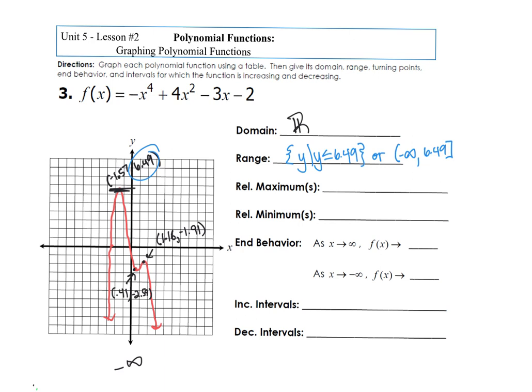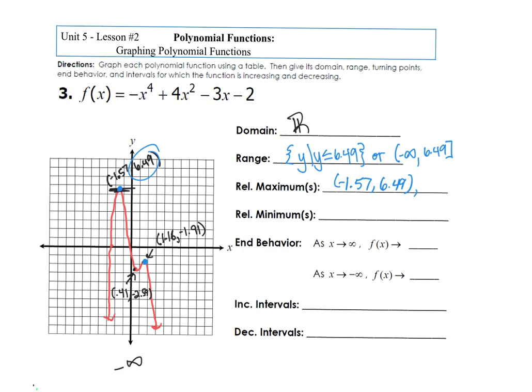Okay, relative maxes. Let's look for high points, or the top bumps. I have one right here where I just made a blue dot again. And what is that coordinate? If you're clicking on the dot on your Desmos, it tells you again, and I have it labeled negative 1.57, comma 6.49. It's a high point, so it's a max. We're also looking for any other high points. It's right here where I just made it in blue.